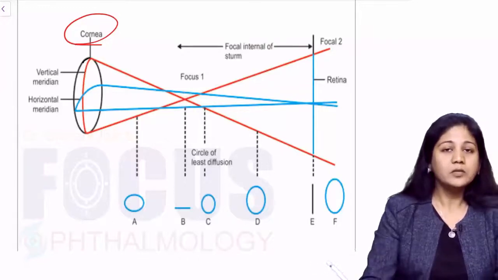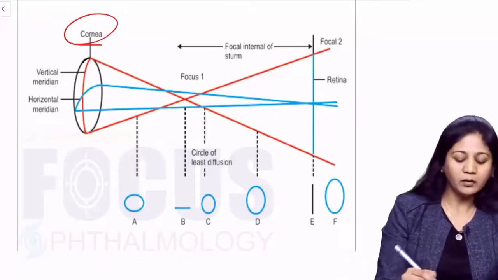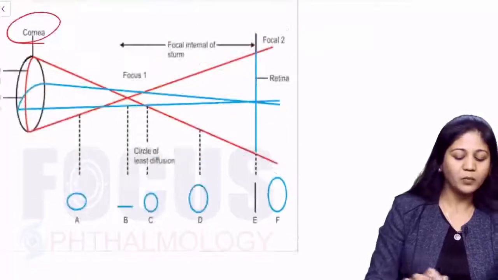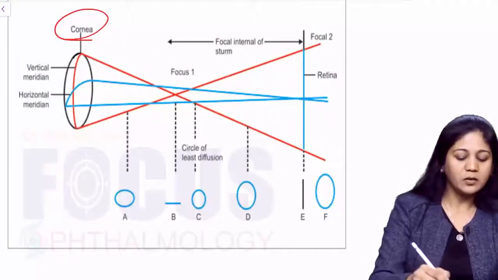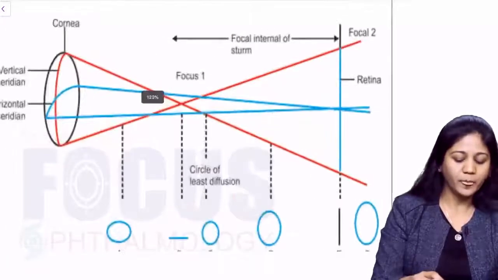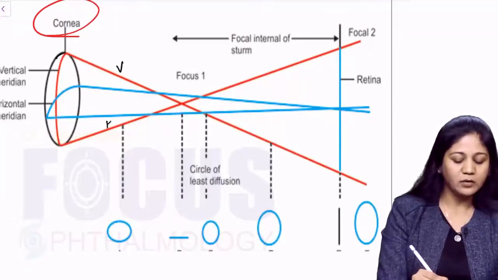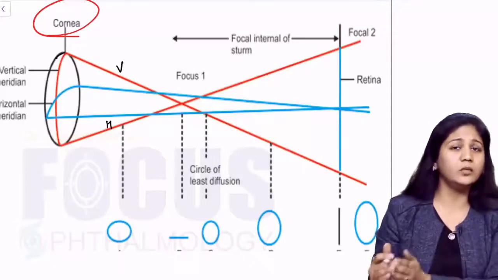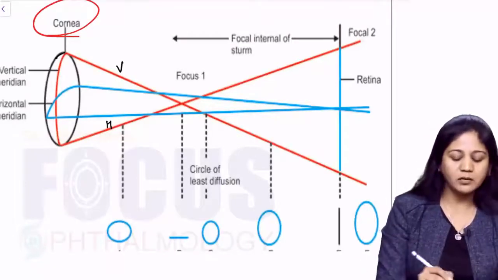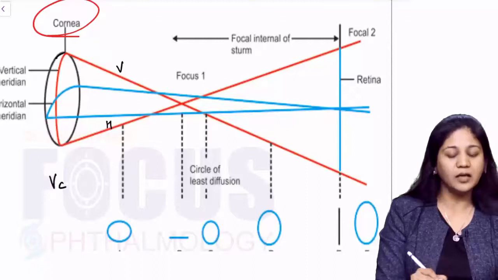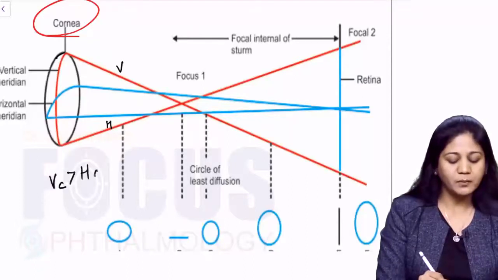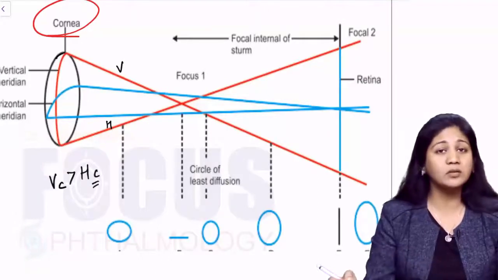Okay. So before that, what happens at point number A? Just closely look at point number A. At point A, the vertical rays and the horizontal rays both are converging, isn't it? But the convergence of vertical rays is much more as compared to the convergence of horizontal rays.